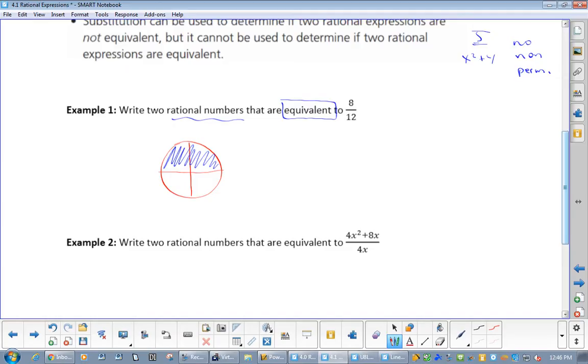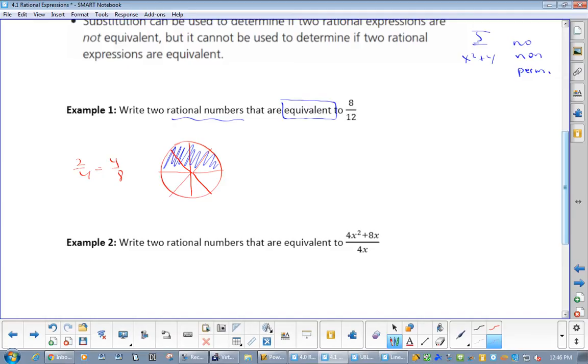Now if you came along and just went like this, okay, would you get more pizza? No, okay? So in that case, we would say that 2/4 would equal, say, 4/8, right? It's the same thing. Those are called equivalent. And as long as they both change by the same, they're equivalent.